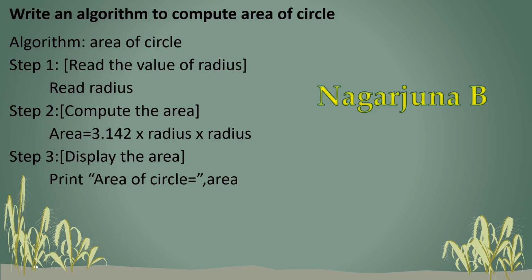As I told, the last step will be the stop. So we write step 4, end of algorithm, the explanation, and stop. This is the way we need to write an algorithm, and this procedure has to be followed for each of the algorithms which we are going to write. This is a simple example of how to write an algorithm to compute the area of a circle.